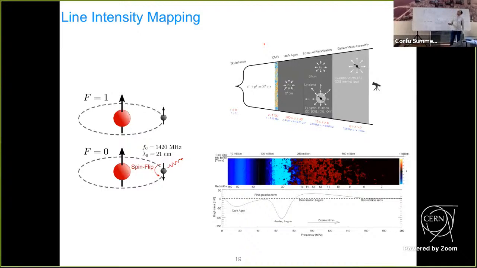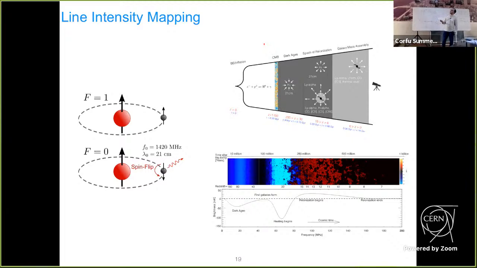One part of the observation is that we can determine the redshift by just observing this line, because we know the wavelength perfectly.